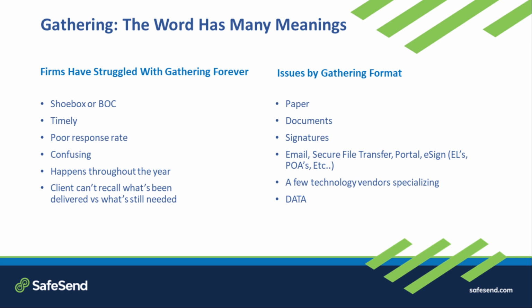And then you have the format of the technology that's being used if it's not paper. So a lot of this is done through email or email attachment, where you might send your client an email with a link to upload the documents you need. That might be through a secure file transfer or a portal. And then, of course, we have the e-sign now. So as I mentioned on the engagement letters and 7216s, they might be going through that.